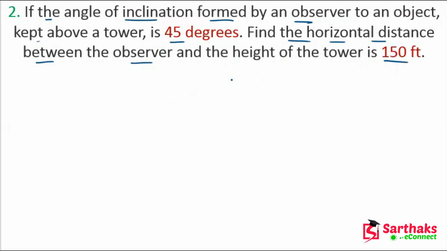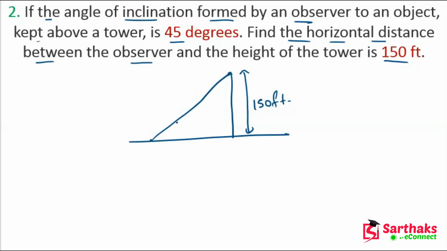Let's suppose this is the ground, this is a tower, and the height of the tower is 150 feet. And suppose the angle of elevation from the ground is 45 degrees.